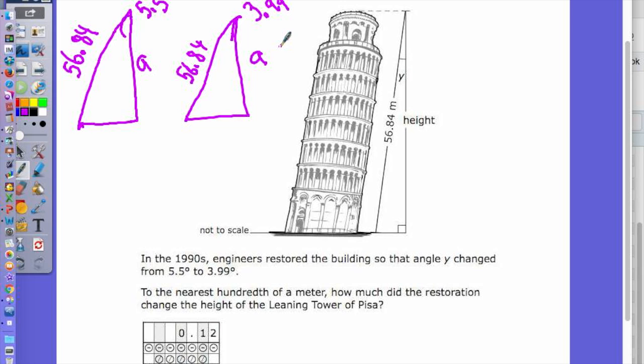Adjacent over hypotenuse is cosine. So cosine of a 5.5 degree angle is adjacent over hypotenuse. In my scientific calculator, 5.5 cosine times 56.84, and I get 56.58.